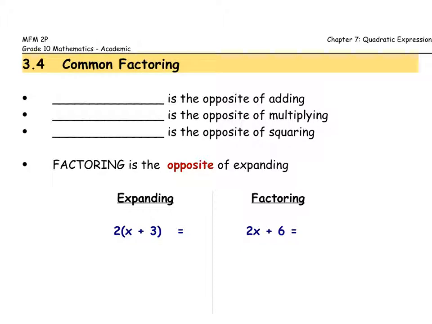So in math, we talked about a whole slew of processes that are opposite operations. So for example, if I were to say to you, blank is the opposite of adding, you know that is subtracting. By the same token, blank is the opposite of multiplying.